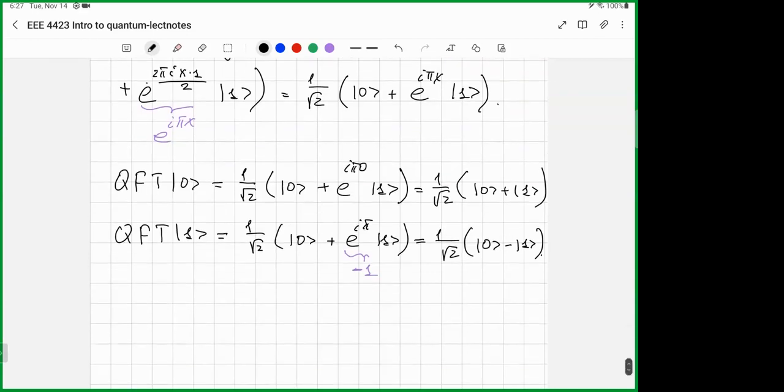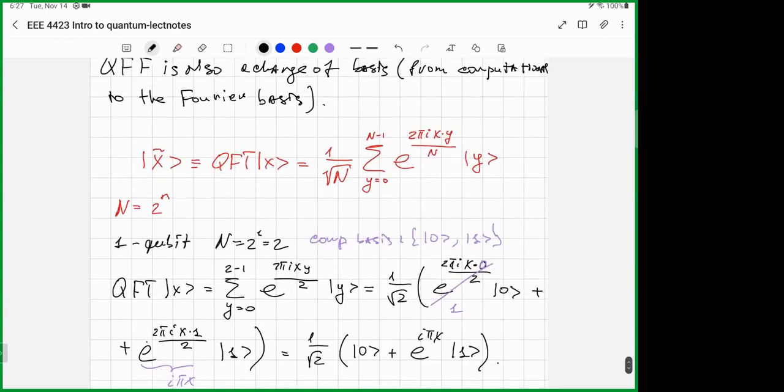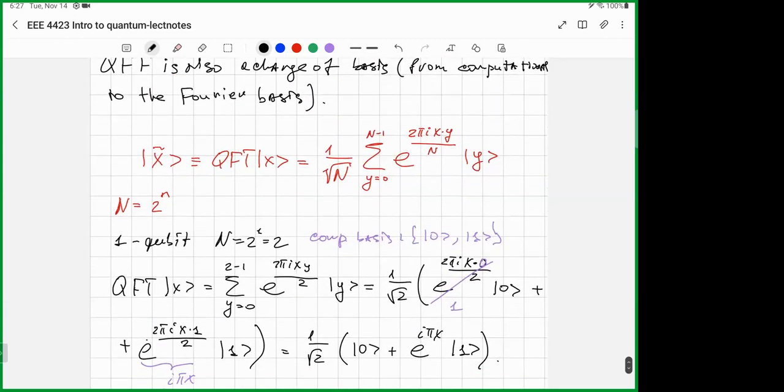In the case of n qubits, it works similarly, and the only point here is to say about this xy product, right?